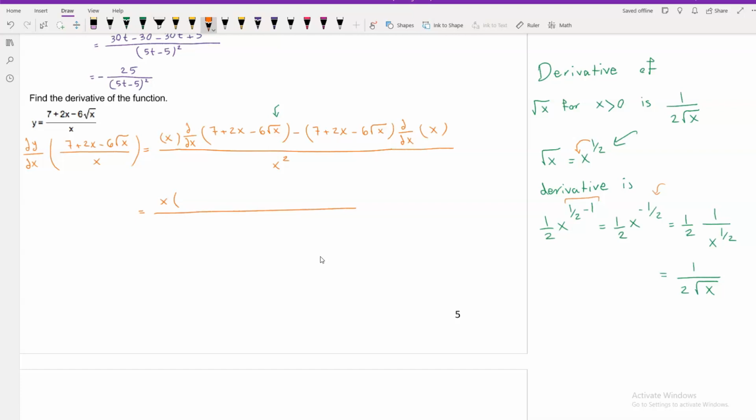I don't want to have a negative power, so I'll make it positive by moving it to the denominator. So that is equal to 1 over 2 times 1 over x to the 1 over 2 power. So our power here in the denominator is 1 over 2, meaning that this part is square root of x.